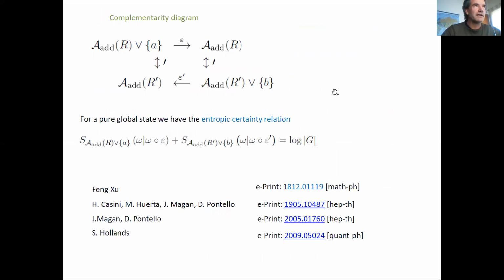A bit more formally, what you have is this kind of mathematical structure. You have, let's say, the maximal algebra of the region R that contains the non-local operators. The conditional expectation takes you to the additive algebra, and the same structure for the complementary region.